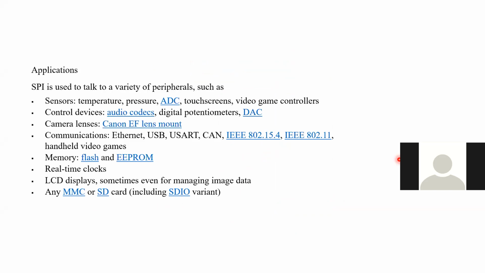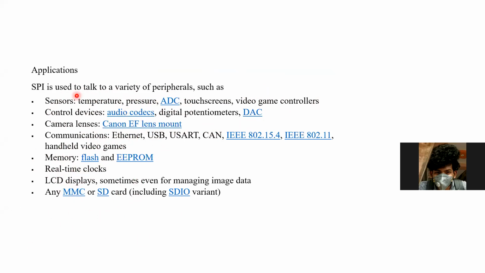Okay, now we can see the applications of SPI, where it is used. Temperature and pressure sensors, analog to digital converters, touch screens, video game controllers, control devices, audio controllers, digital potentiometers, camera lenses. And memory, real time clocks, LCD, SD cards can also be interfaced.